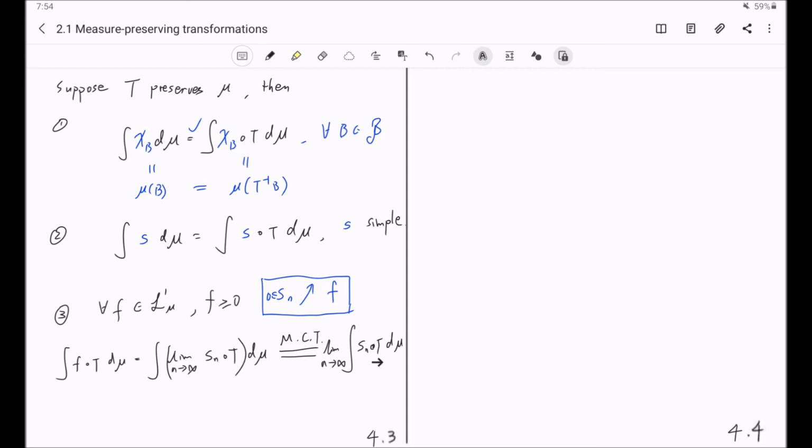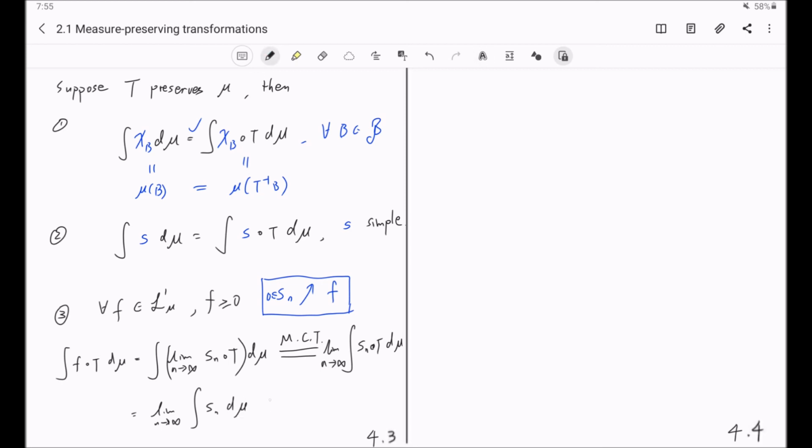Now let's look at this limit. Each term here, because we proved in our second step that this equation holds when s is simple, will give the same limit as the integral of s sub n integrated against mu. And what can you do with this last integral?